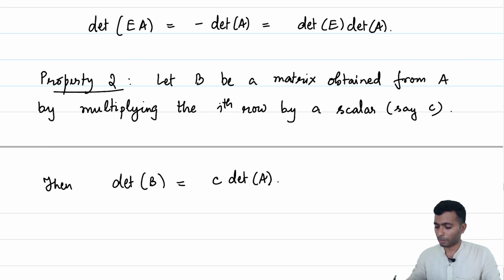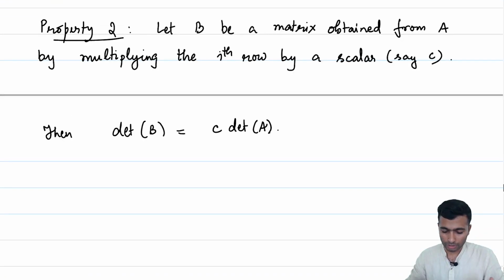I will again not prove this property. It is quite straightforward, however, to check this property by considering the cofactor expansion along row i itself, and notice that the a_ij that features in the expression will now be replaced by c times a_ij. The c comes out common, c times whatever remaining is the determinant of A, and therefore this property follows.